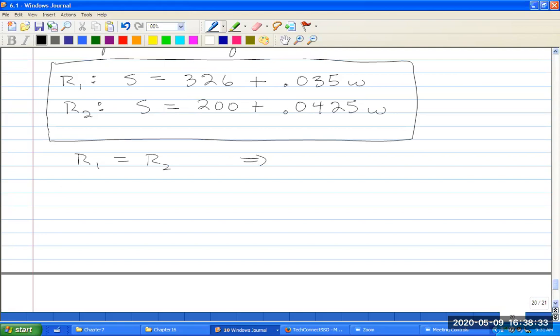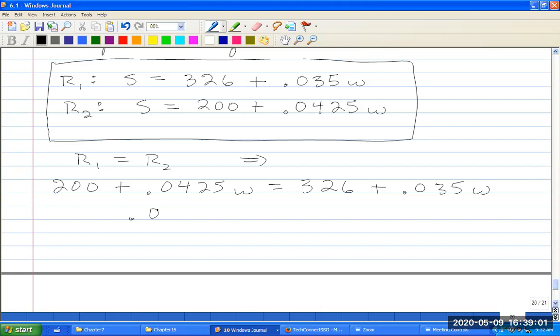And so I have 200 plus 0.0425 W equals 326 plus 0.035 W. Let's subtract 200 from both sides of my equation.